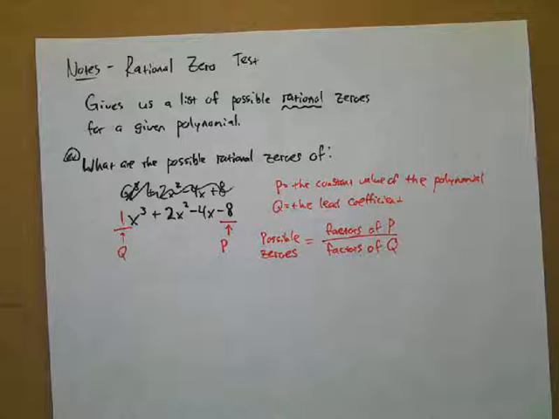There are no other rational zeros. You will not be able to find another rational zero outside of those options.